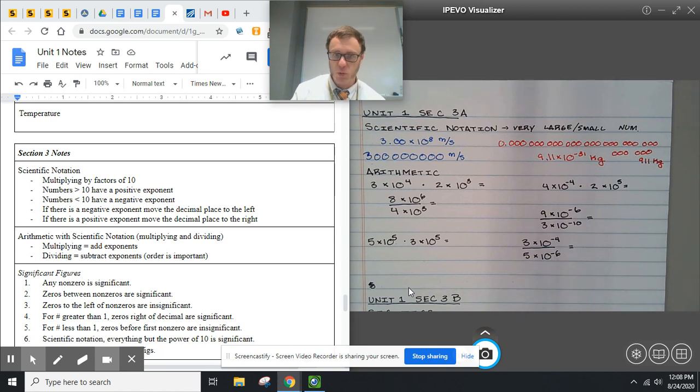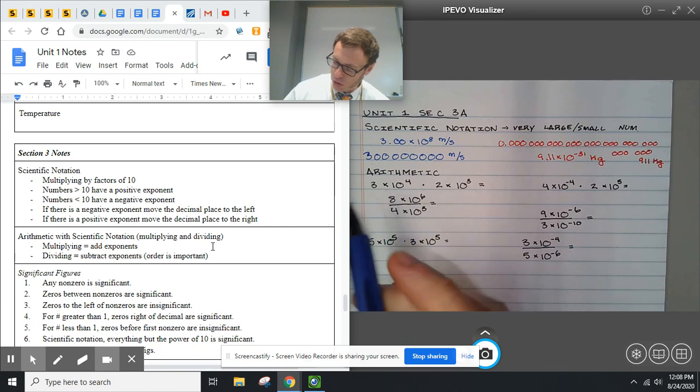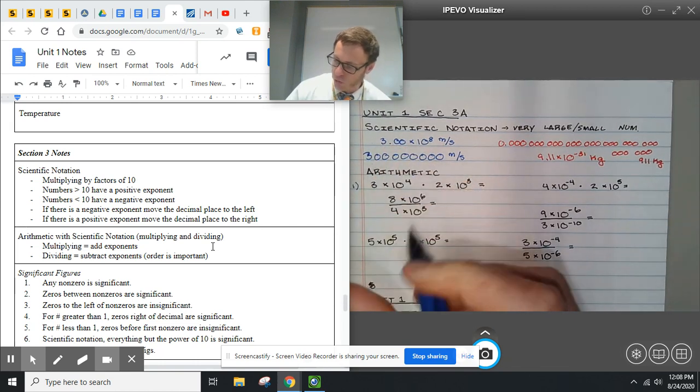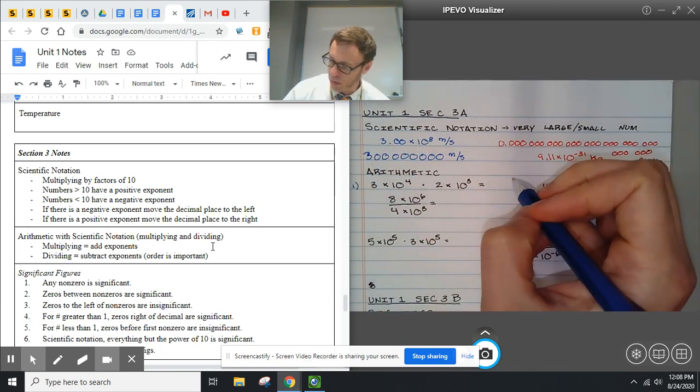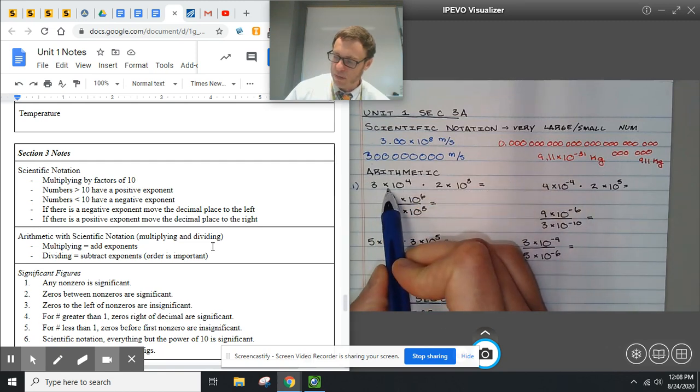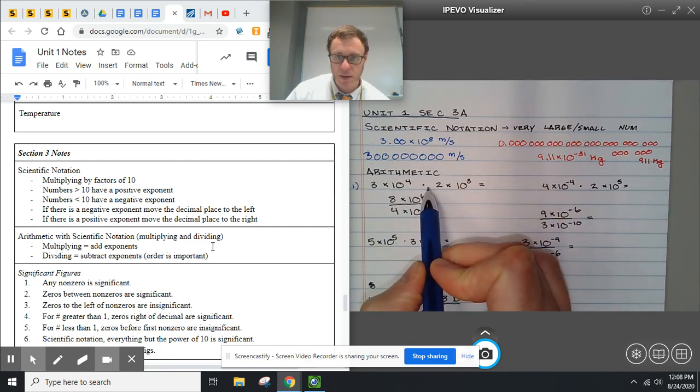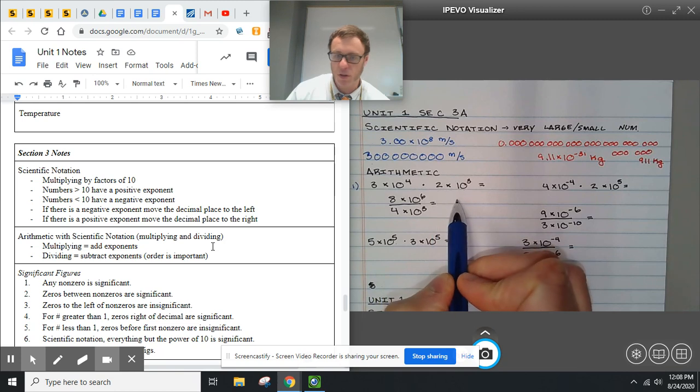As we jump down here, we're going to do some arithmetic. And as you can see right here, I said when we're multiplying things, we add exponents. When we're dividing things, we subtract. More important when you're doing subtraction. So here, this first one. There we go. Number 1. I'll alternate between blue and red so you'll be able to see. So 3 times 10 to the 4th times, there's our little multiplication, 2 times 10 to the 3rd.